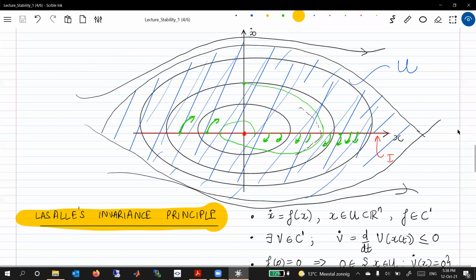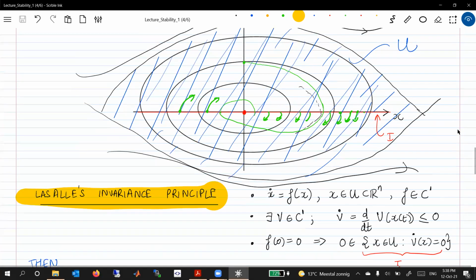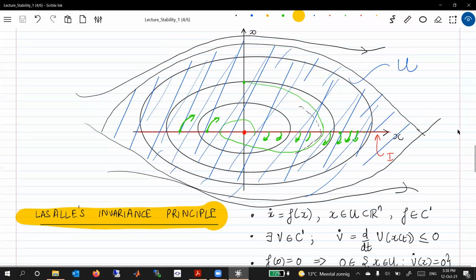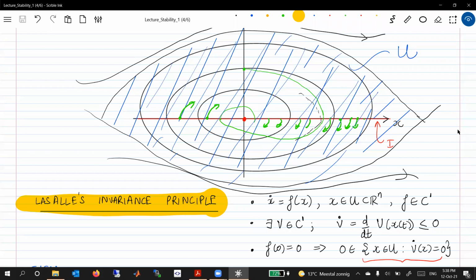So LaSalle's invariance principle, no matter how useful it is, does not yet tell us the ultimate fate of all trajectories in the system, even though we might intuitively be able to say that they all lead to the stable fixed point. But that's not the case, right?